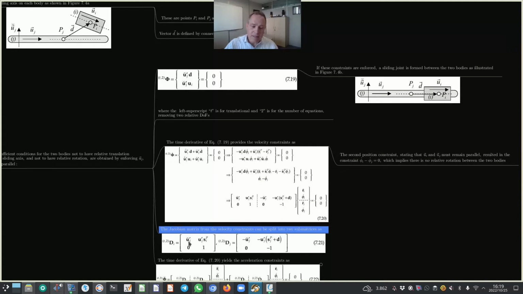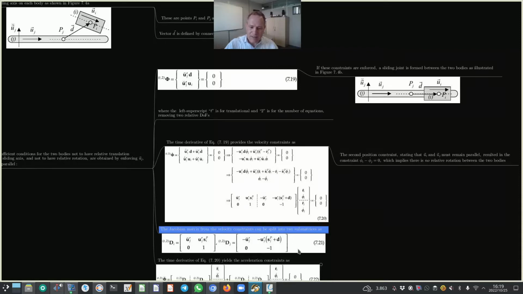We actually need the transpose of uj rotated, which is the unit vector uj, and for this term over here, all we need is once again the unit vector uj plus the point P on body I, and that we already have.